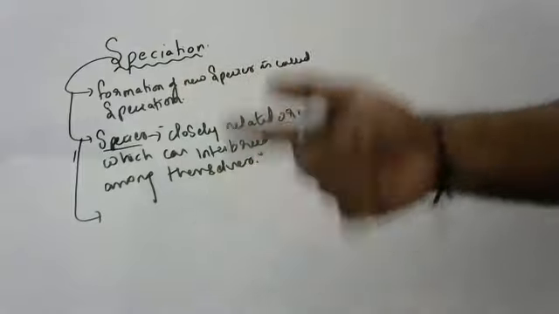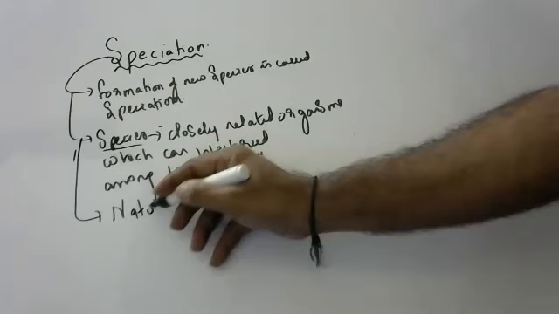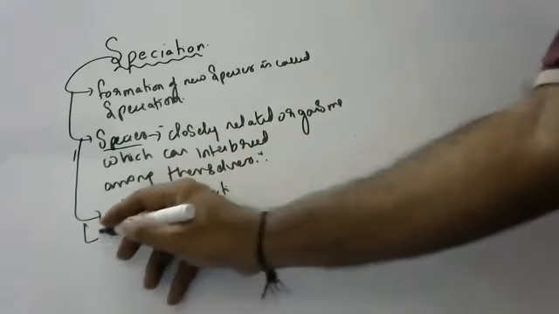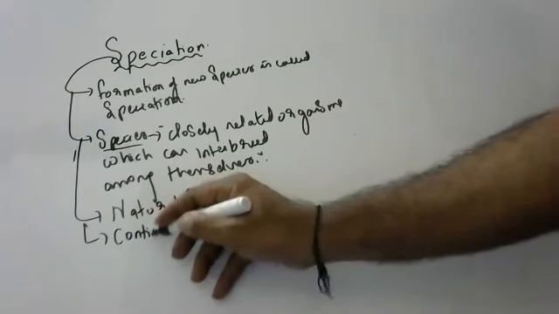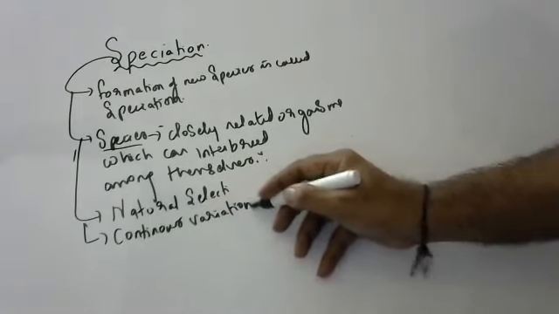So, what are the factors which lead to formation of new species? Five factors, children. 5 marks question. Natural selection, continuous variations. Try to understand, children.